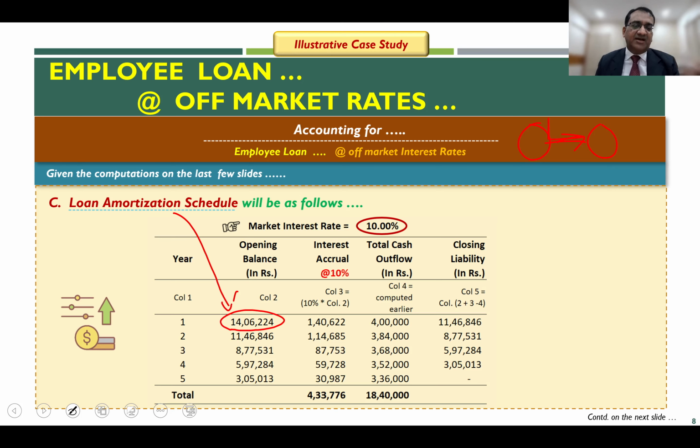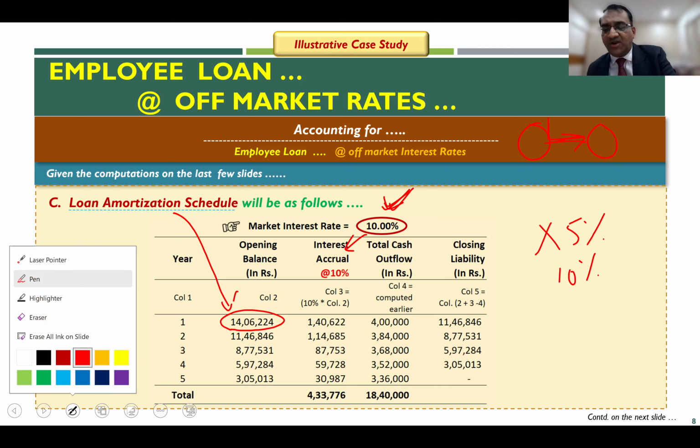Now, for the purpose of accounting, the interest income is not on the basis of the 5% contractual rate. Rather, it will be on the basis of the market interest rate of 10%. And therefore, the same rate of 10% which you use to discount the cash flows, you will now use to do the interest income accrual for the entity.